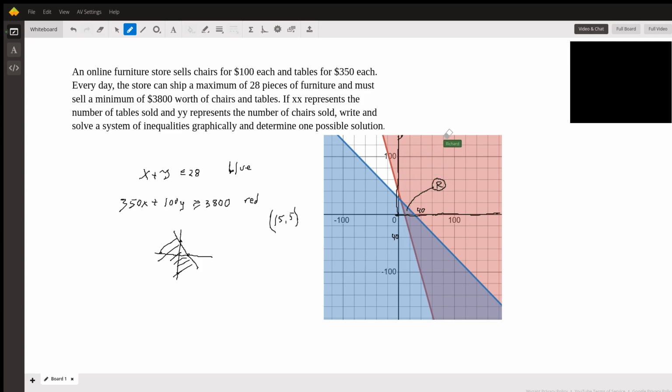And obviously, when you put this into your graphing calculator, or into an online grapher, or even if you're doing it by hand, you can pick any point in the solution region, which is this little triangular area here, where all 4 curves have to intersect. So we needed this bottom here to make it a triangle.